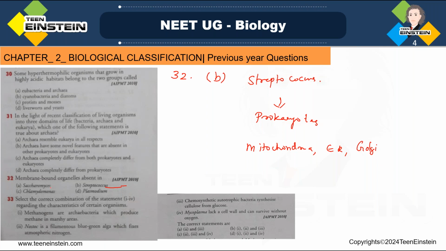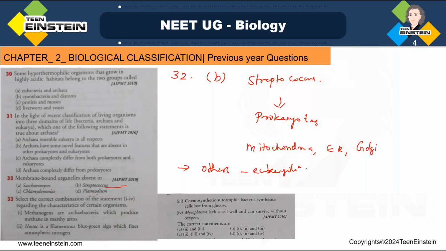And what about the others? Saccharomyces, Chlamydomonas, Plasmodium, all these are eukaryotes. They belong to eukaryotes, and eukaryotes have membrane bound organelles.